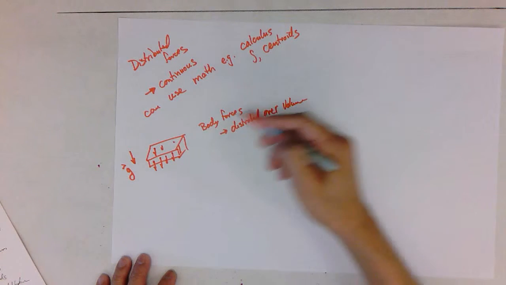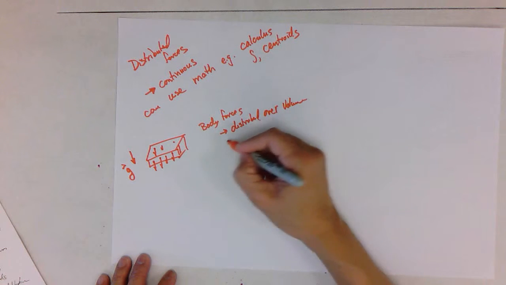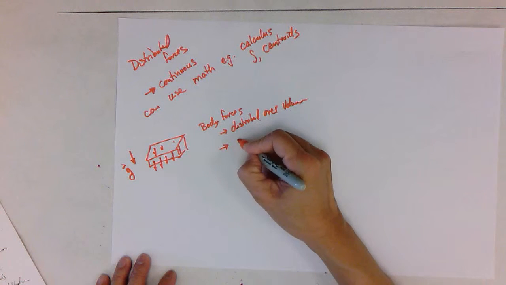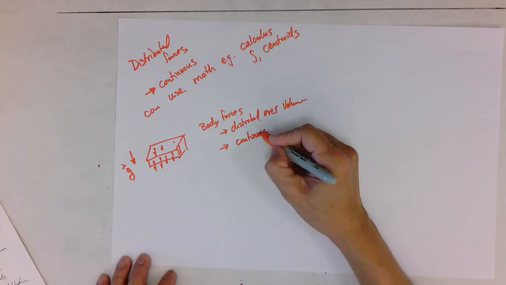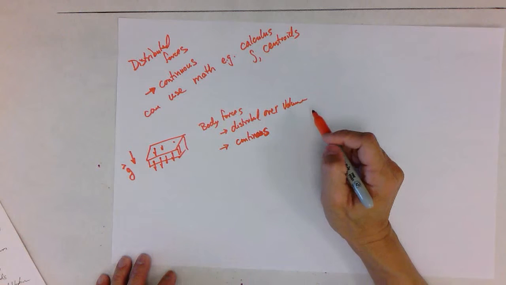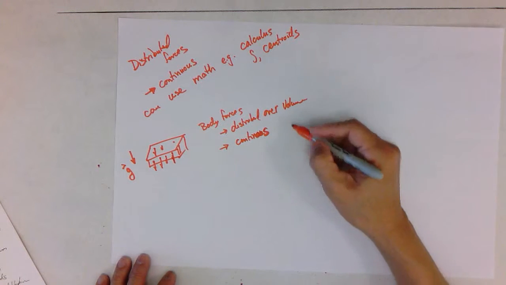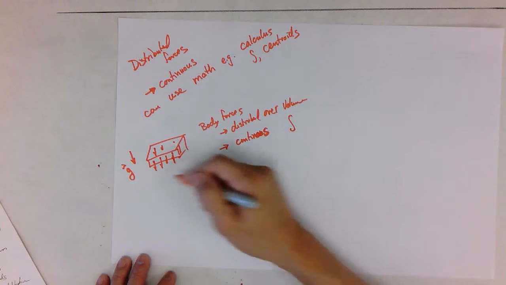So we can describe this as continuous, right? So this goes to a continuous function. And so now we can do some mathematics, for example, integrals, and we can sum these up.